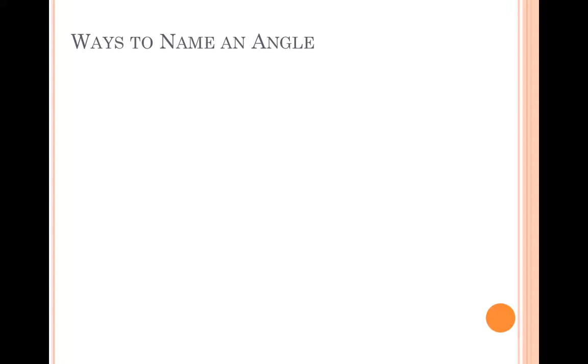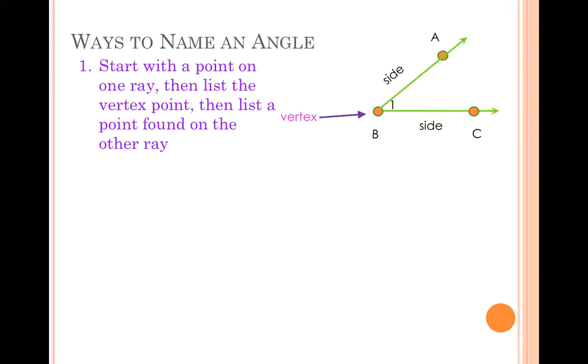Let's keep going. Now, there are very specific ways to name an angle, and we have to be careful of the way we name an angle because people won't know what you're talking about if you name an angle incorrectly. So, let's look at this angle that we had in our previous picture and talk about all the lovely ways to name this angle. Way number one, you start with a point on one ray.